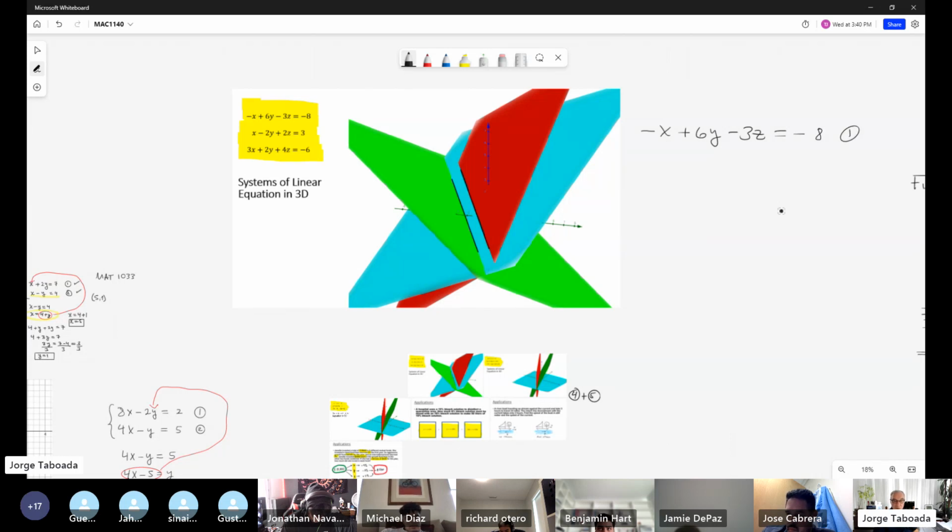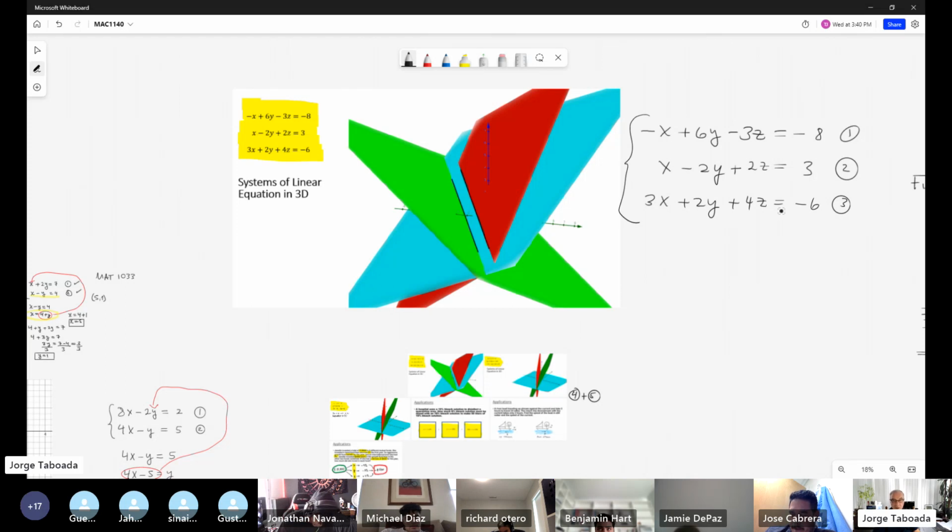It's not important now what plane, whether it is green or blue or red. We have another equation that is x minus 2y plus 2z equals 3, equation 2. And another equation that is 3x plus 2y plus 4z equals minus 6, equation 3. Three equations, 3 unknowns. This is my linear system.